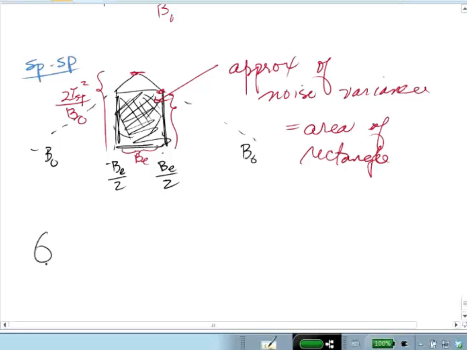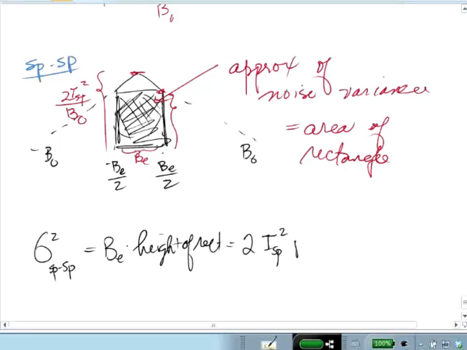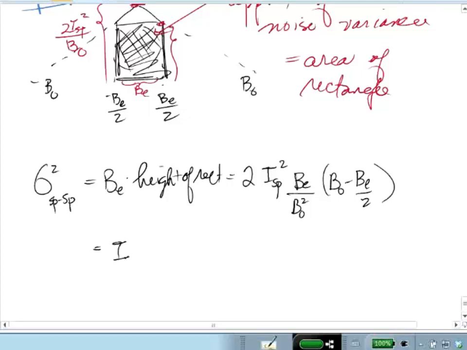Anyway, we come out with sigma squared SP-SP equal to BE times the height of that rectangle, which turns out to be 2 ISP squared over B0 squared times B0 minus BE over 2, which we can write as ISP squared BE over B0 squared times 2B0 minus BE.